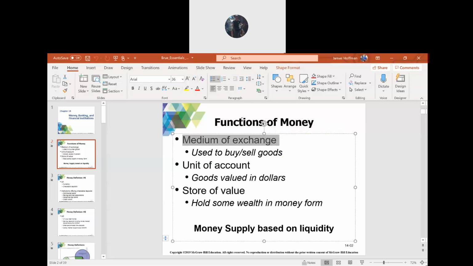These are all important functions of money, but probably the most important, in terms of why money is useful and universally accepted, is its role as a medium of exchange.